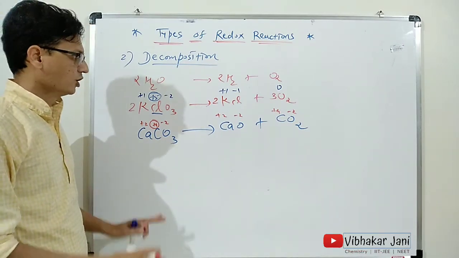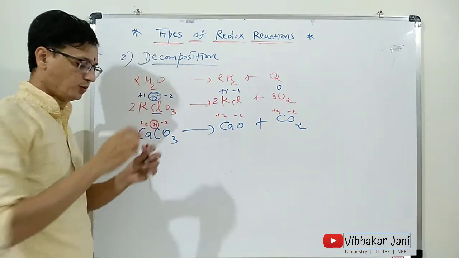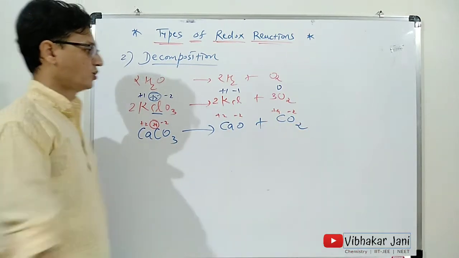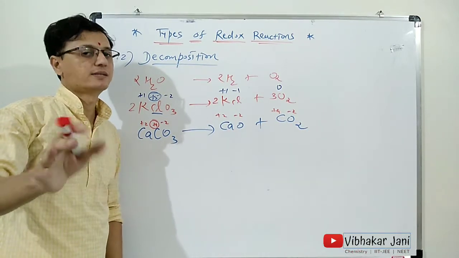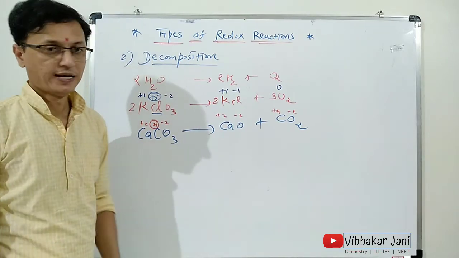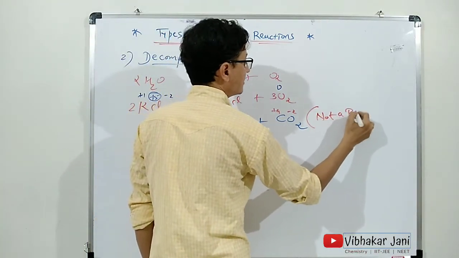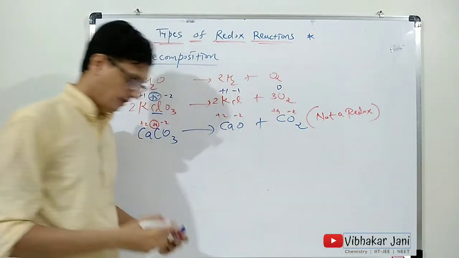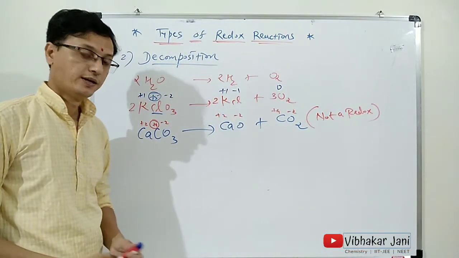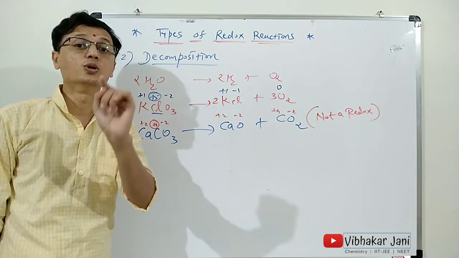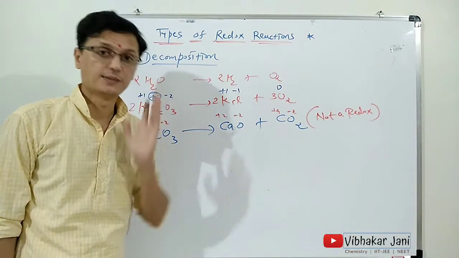That means though it is a decomposition reaction, the oxidation state of no element is changed. That means this is not a redox reaction at all. Though it is a decomposition reaction, it is not a redox reaction.